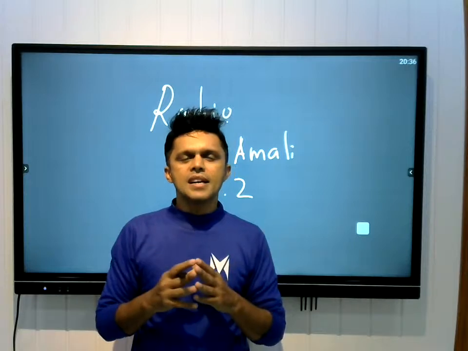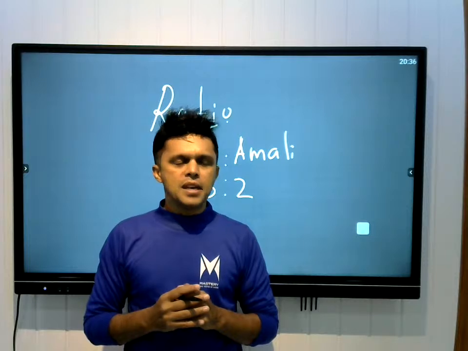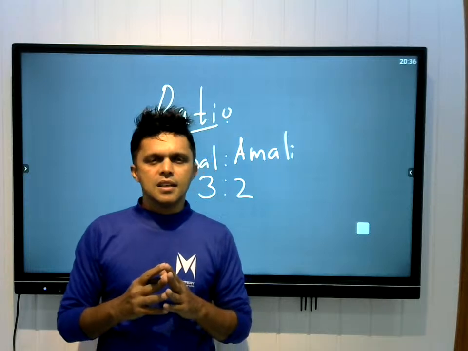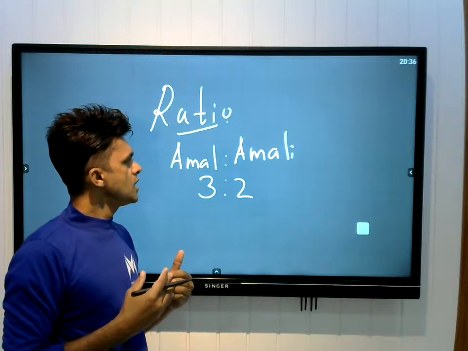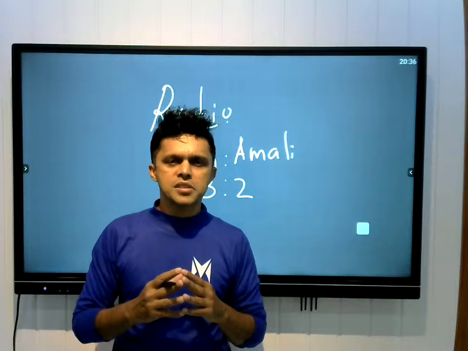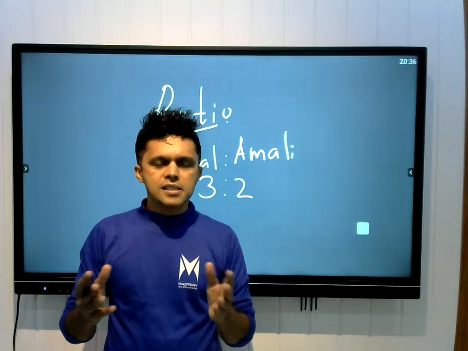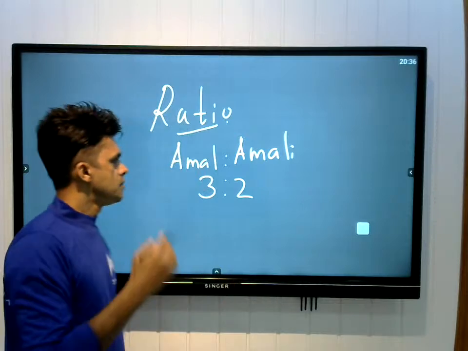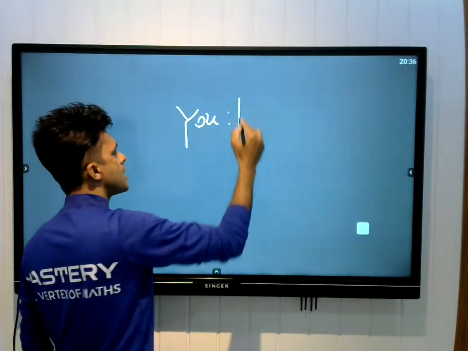Here is a numerical relation between these mangoes, which means I believe you got an idea about ratios. Not only that, think that you have a certain amount of money, and your friend also has a certain amount of money. Let's think in this way.